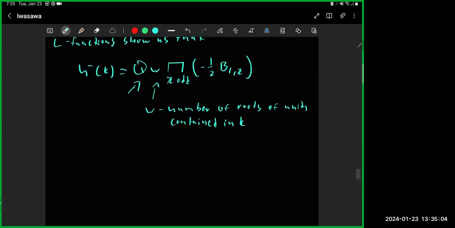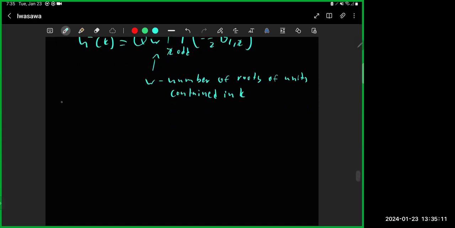Here's essentially the idea for how to think about Q. We have O of K and we have O of K plus. Now, there are some units inside here, and we'll call those units E, and we'll call the units inside O of K plus E plus. And as well, let's say that capital W is the group of roots of unity.